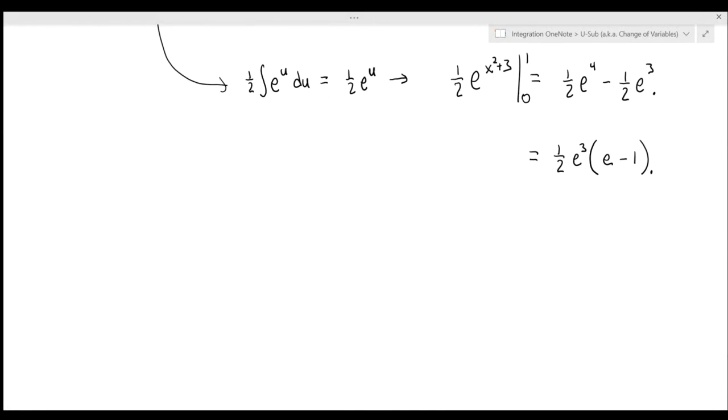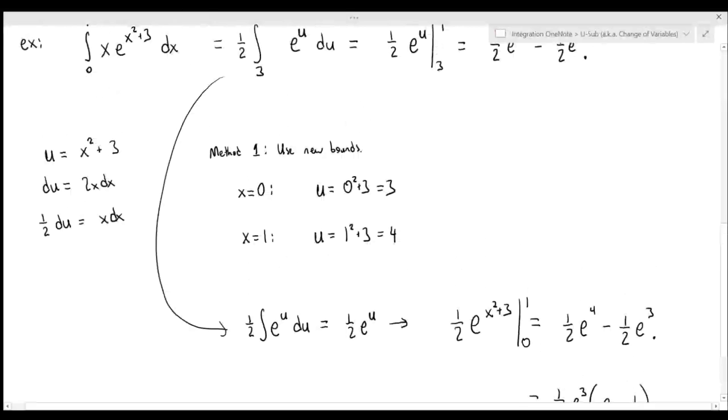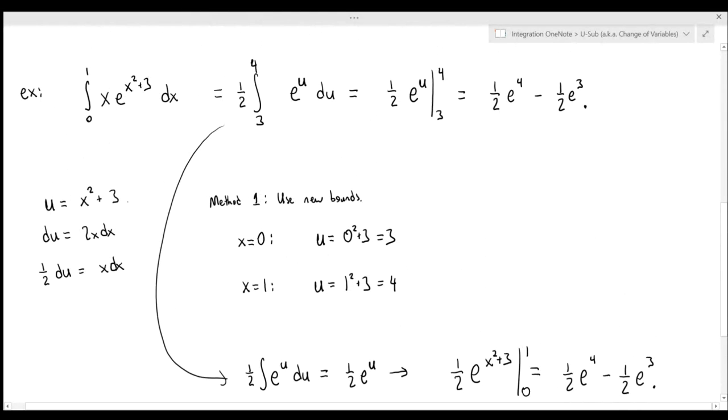In these two examples that we've seen, the way it works is you pick something to be u, and then it just so happens that the derivative of u, up to some constant multiple, appears in the integral as well.